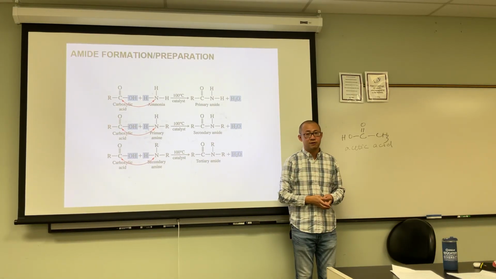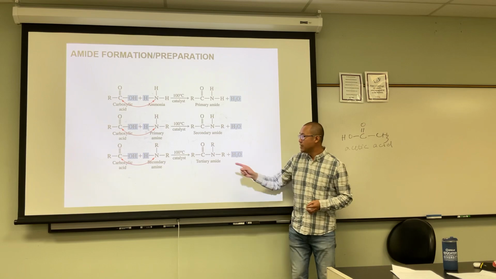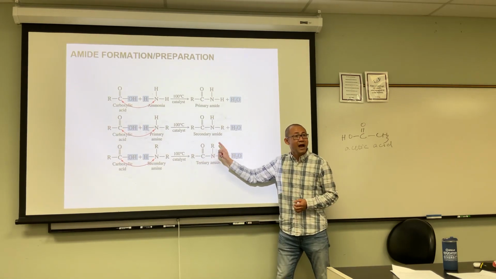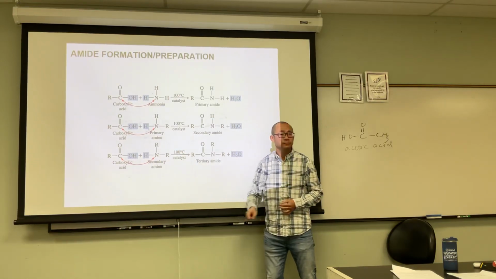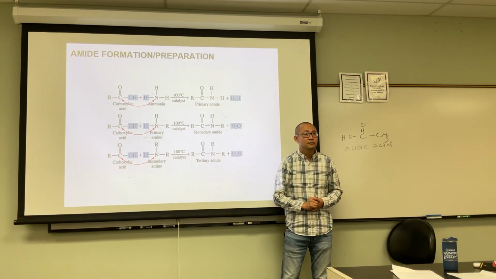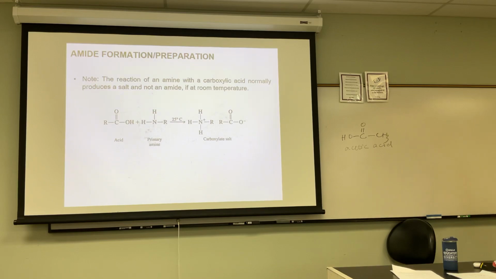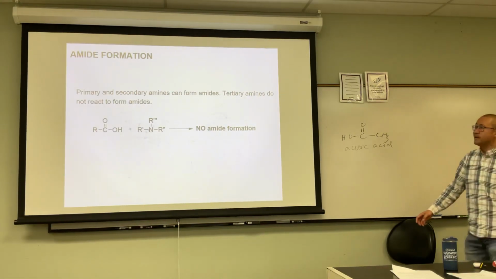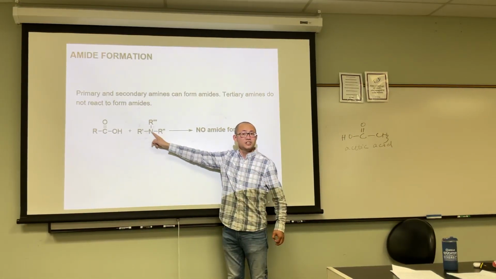I know some of you noticed, some of you not, you can make a note now. In order to make the amide bond, you have to take a hydrogen away from the N. That means if you have a tertiary amine, do you guys see that?